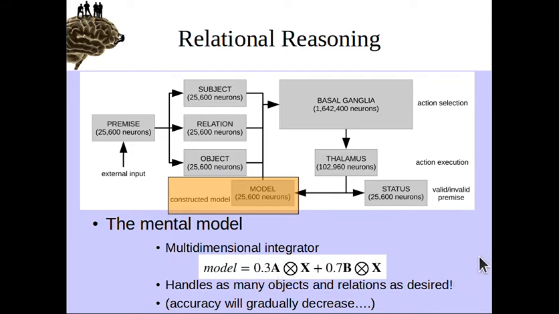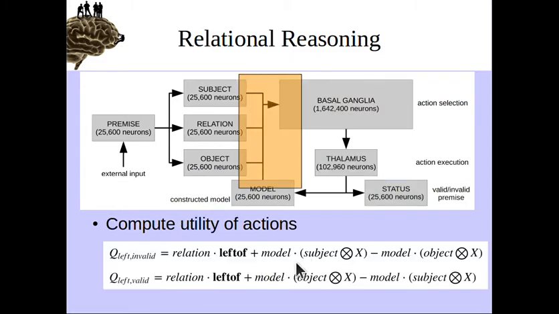Because the dot product of A convolved with X with A convolved with X should be near 1. So the dot product of that with that was 0.3. The dot product of A convolved with X with something else should be near 0. 0 times 0.7 is 0. So I should get a value that's near 0.3. Okay. So this here should be something like the numerical value that I'm currently imagining that this object is at.